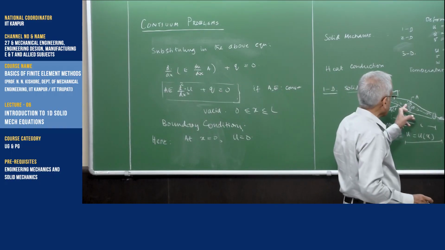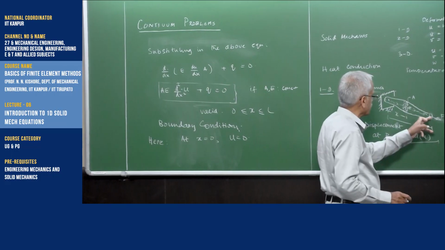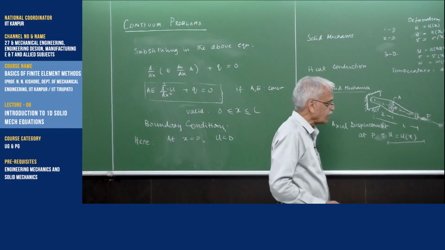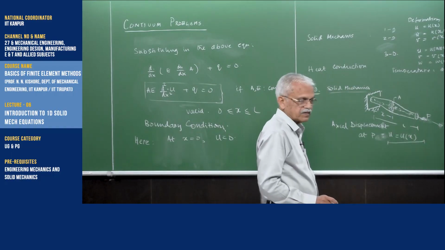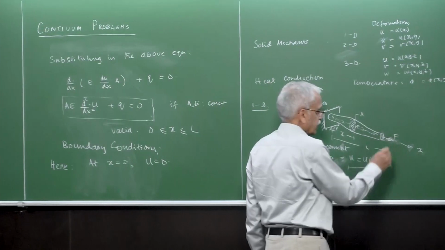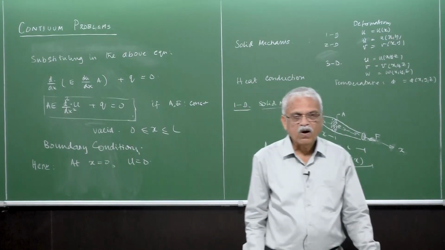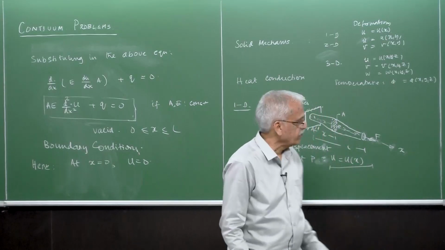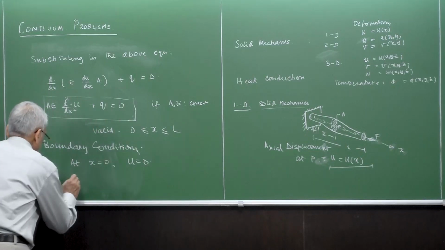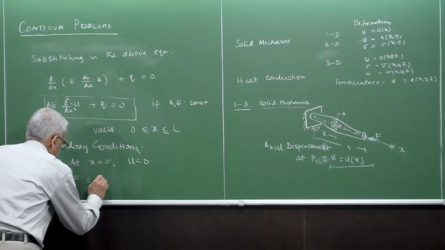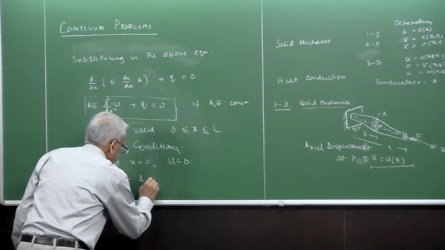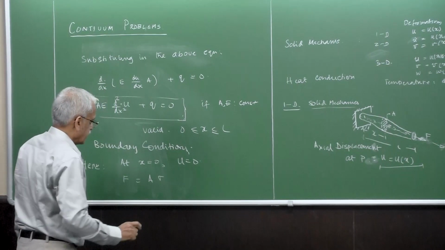Here, in addition to Q, which is distributed all over, we also have an additional force F. So what is F here? F is a force which is applied on this end. How is this F related? F is nothing but the cross-sectional area at x is equal to L multiplied by the stress, right?